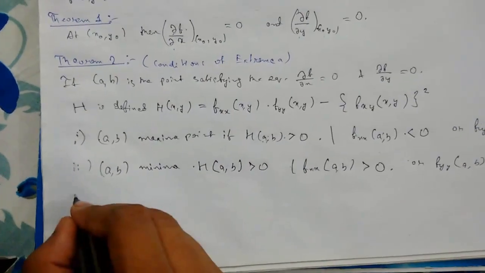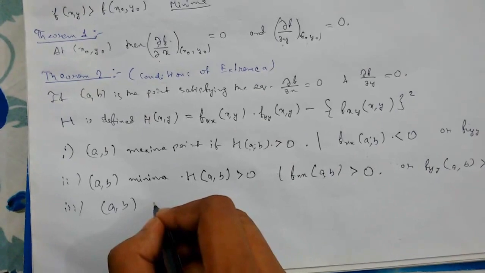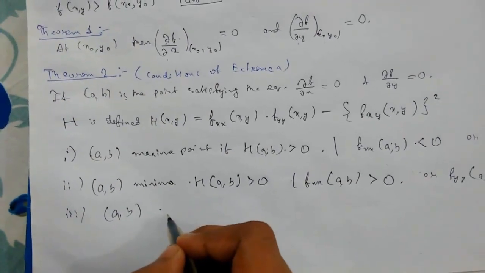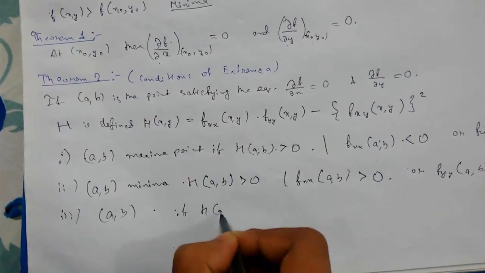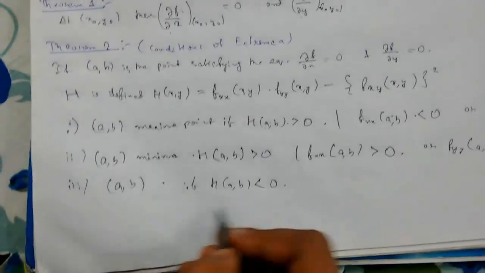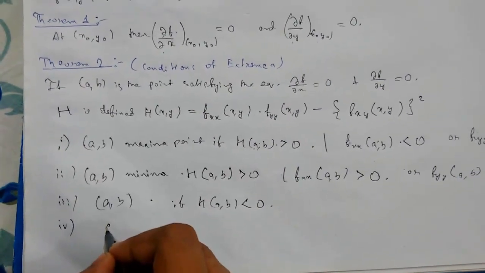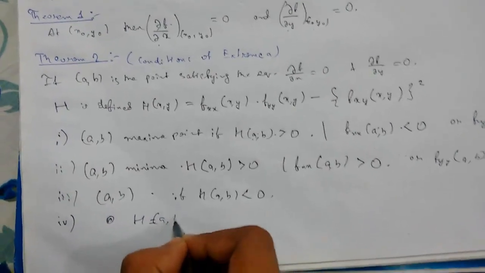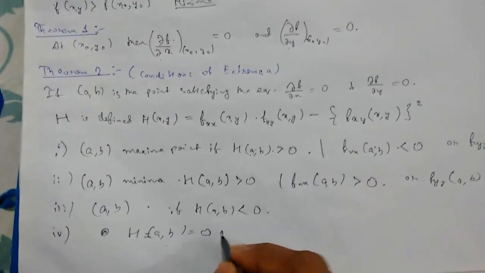Now, (a, b) is neither a maxima nor a minima if h(a, b) is less than 0. And if h(a, b) turns out to be 0, then no inference can be concluded.